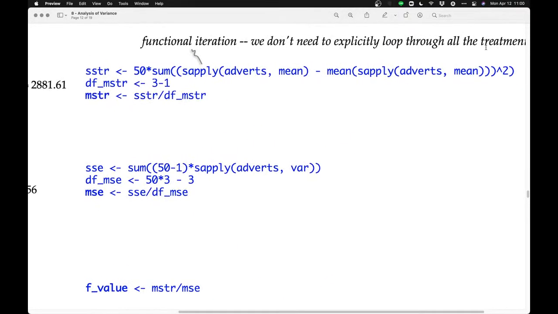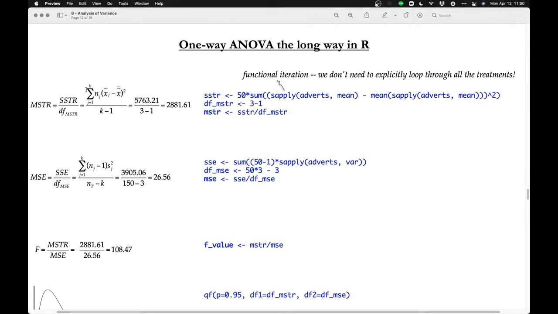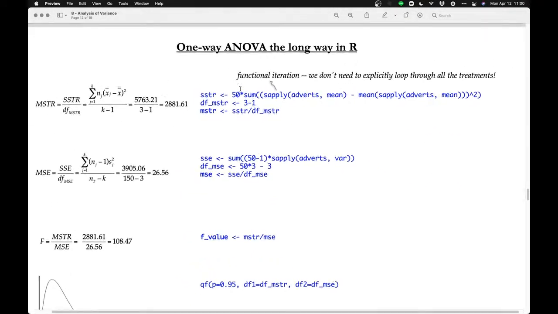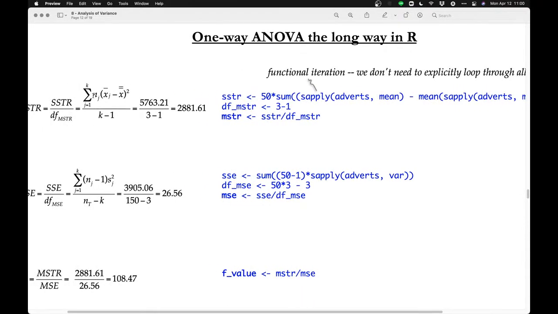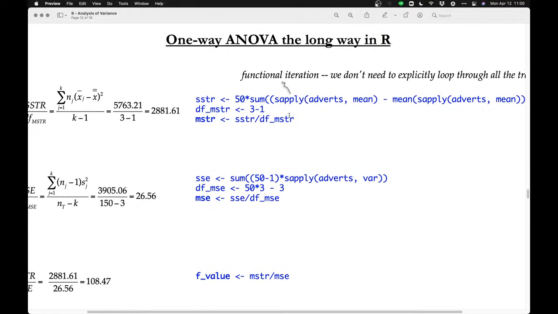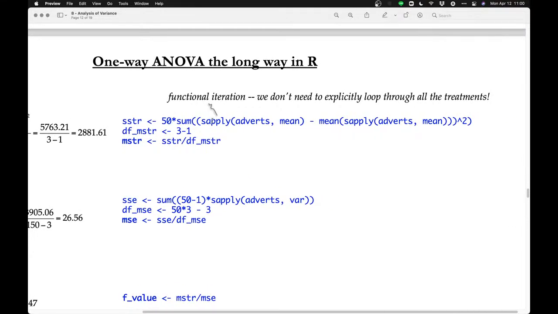One thing to note though, is that the code and the math do look a little bit different, but they're doing the same thing. Essentially, this sum is right here as a sum, and I'll be summing 3 things, right? From j equals 1 to k being 3. But I'm not writing a loop and then summing those 3 results together. Well, I am doing a loop, but it's an implicit loop. I'm using functional iteration, right?